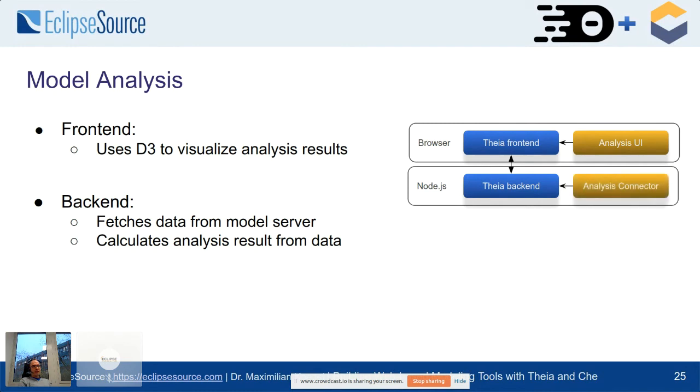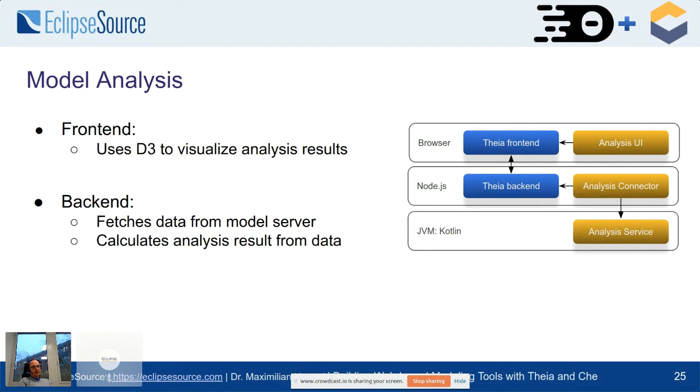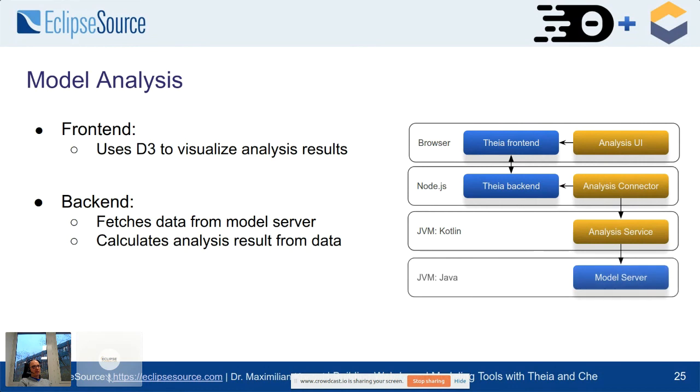Then we have an analysis connector component, which connects to an analysis service. My colleague Philip, who helped me in preparing this demo, wanted to try Kotlin for once. So this is a component written in Kotlin, but it runs in a JVM. And this analysis service in turn then fetches data from the model server to perform the analysis.